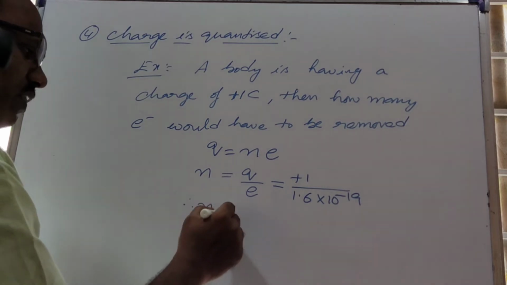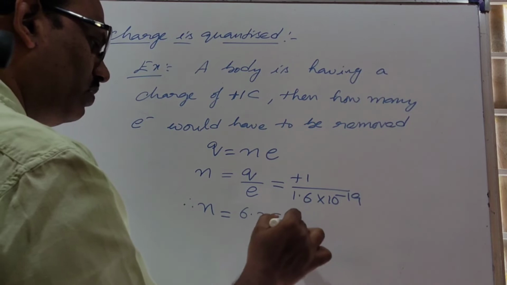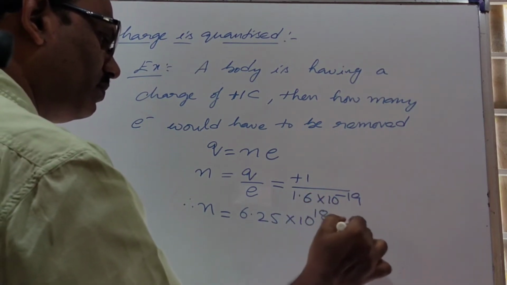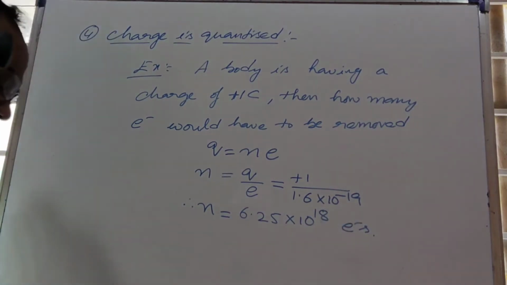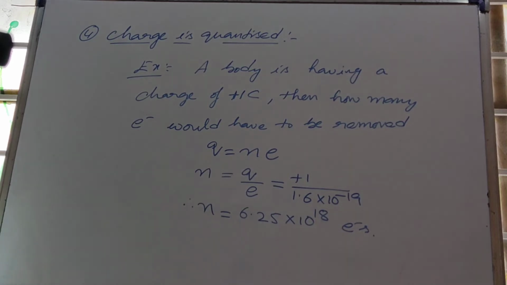Therefore, N will be equal to 6.25 into 10 power 18 electrons. So, 6.25 into 10 power 18 electrons have to be removed from that body to get that body a charge of plus 1 coulomb. Okay? Please note down.